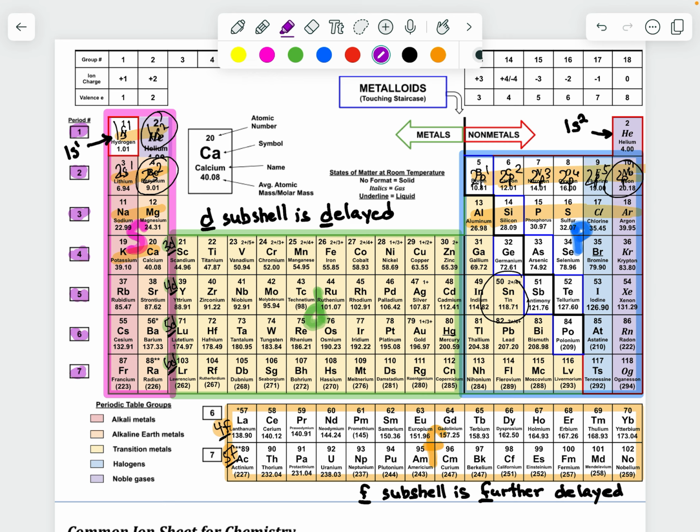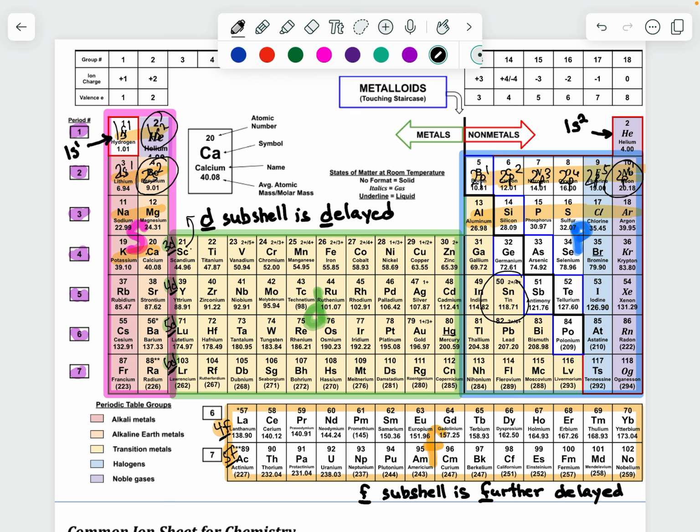And so these D's are delayed. They actually go backwards into the previous energy level. And so that's why you see I have 3D right there. And so what's going to happen is after 4s2, we end up at 3d1. And then we keep going.